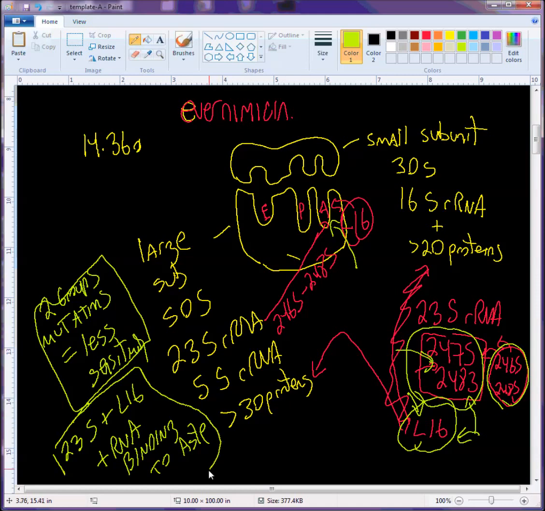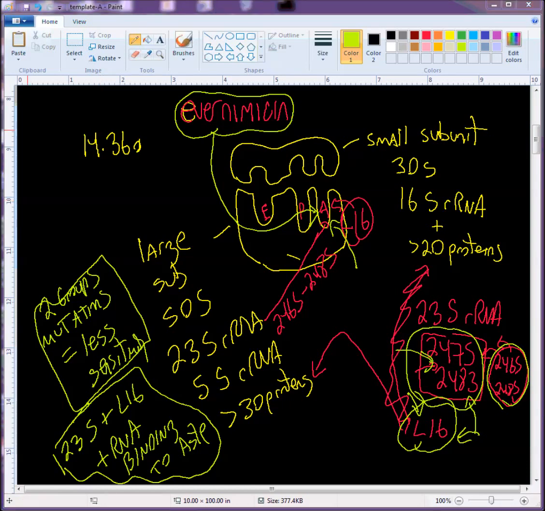So I guess all this data is pointing to the likelihood that evernemicin's mode of action is to bind to the A site and prevent entry of that charged tRNA, right? I think that makes sense.